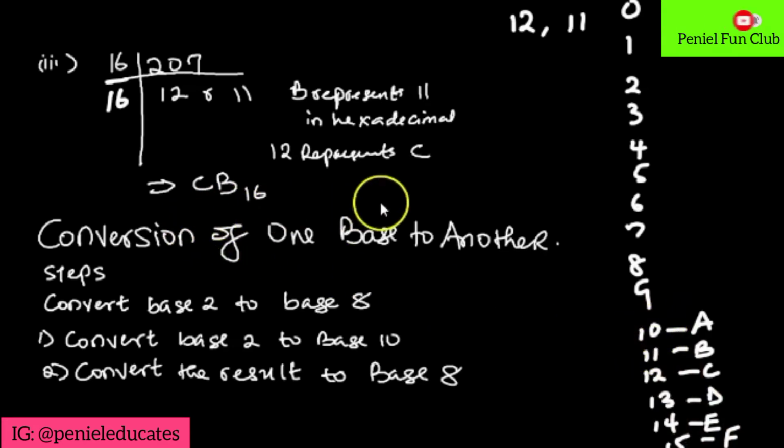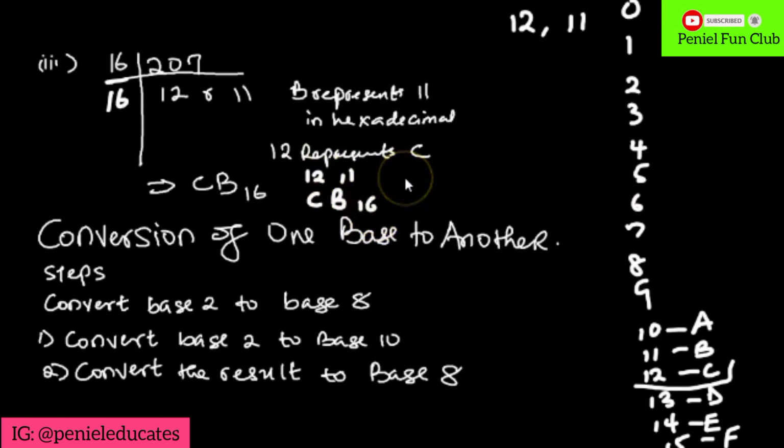So for this particular one now, we have 12 and 11. 12 is represented by C here, so we put C here. Then 11 is represented by B. So instead of writing 12 and 11, we have CB base 16.